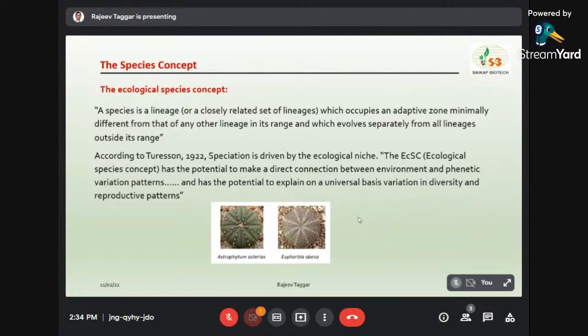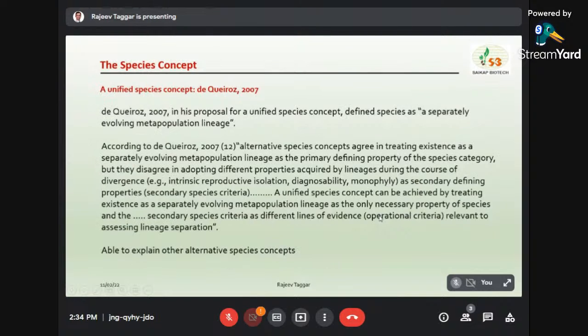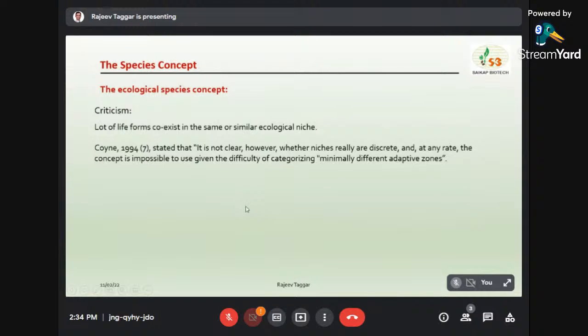But again, this cannot be used in a wholesome way. Here, a lot of life forms coexist in the same or similar ecological niche. So even then we cannot say this is the criterion. There are other reasons also why ecology cannot be the criterion, but I will not go into that.